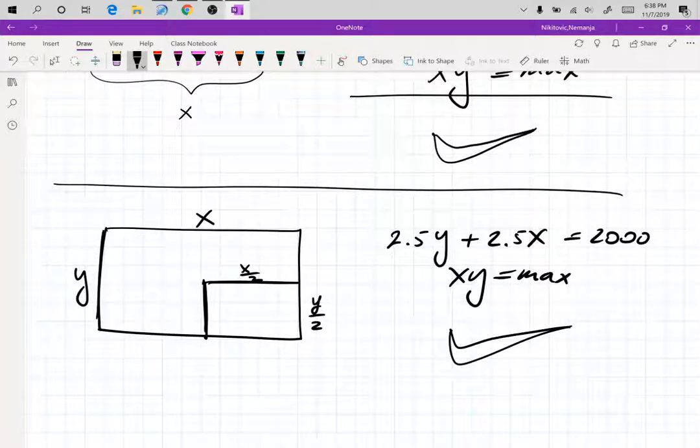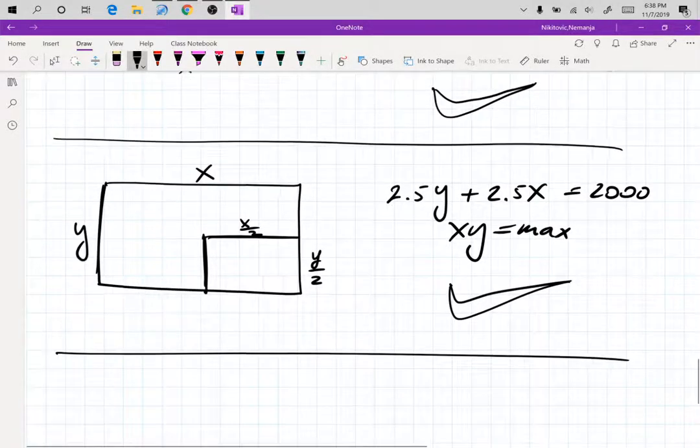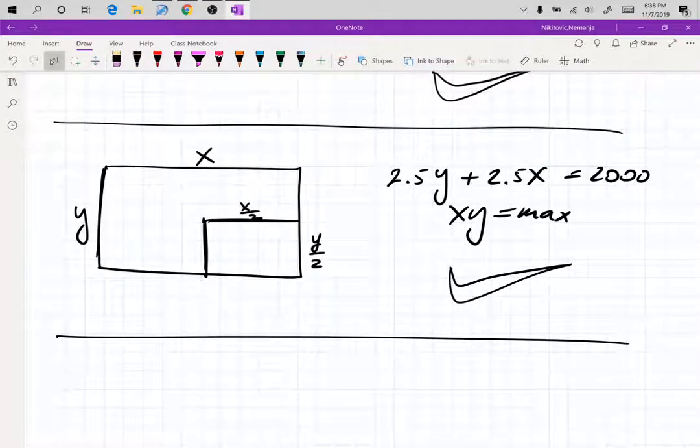And then, there we go. Is that a Nike swish? Yeah, just do it at home. Oh, I got you. All right.